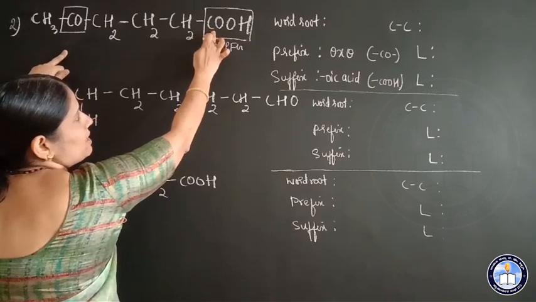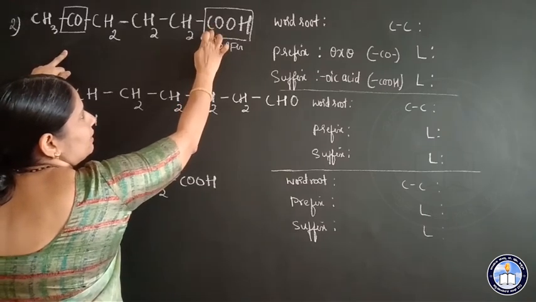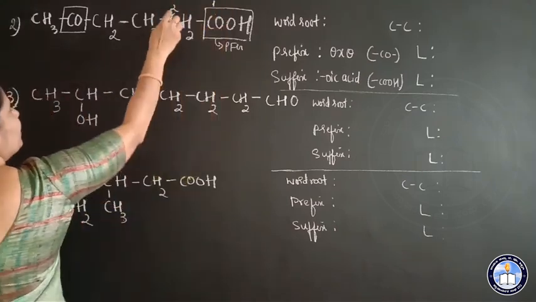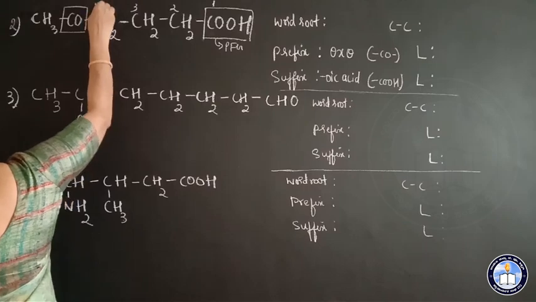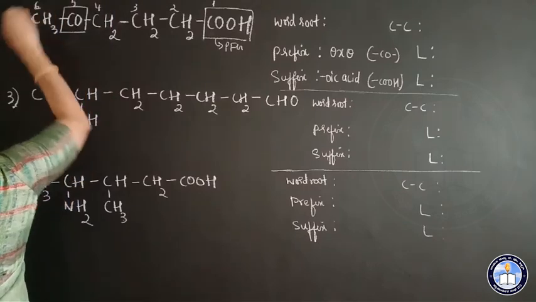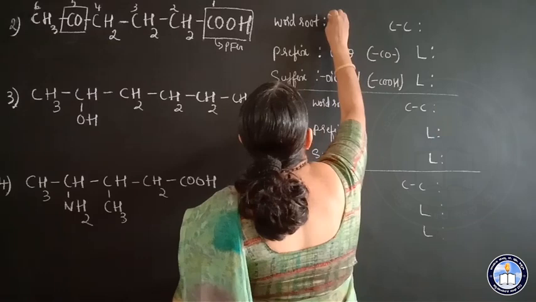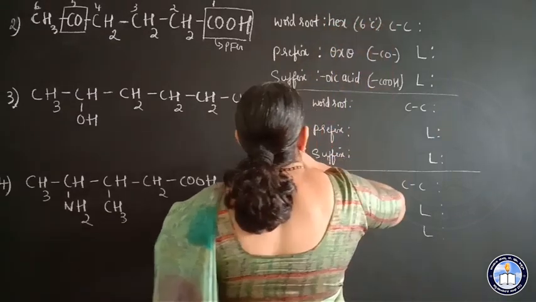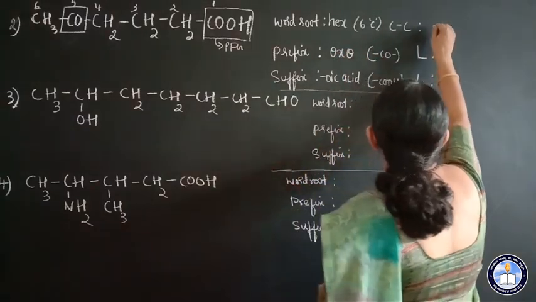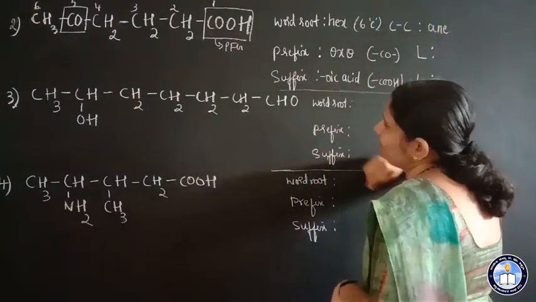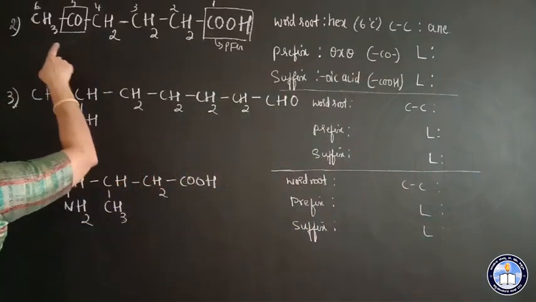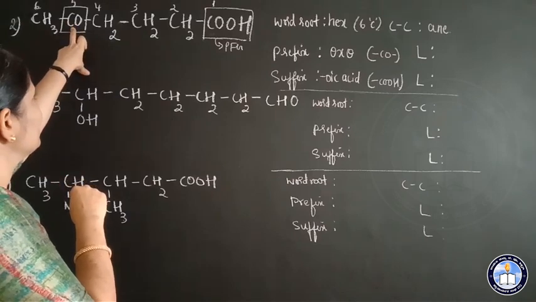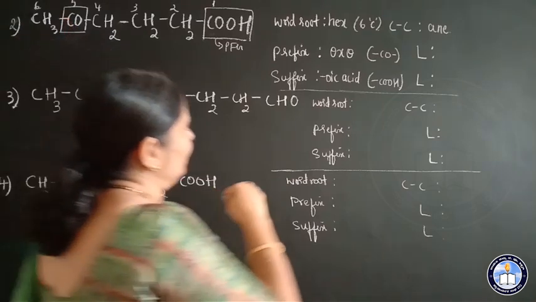We have to number this parent chain. The terminal COOH carbon atom is 1, then 2, 3, 4, 5, 6. So the word root is hex because there are 6 carbon atoms in the parent chain, all carbon-carbon single bonds, so ANE. The locant of this CO is 5.